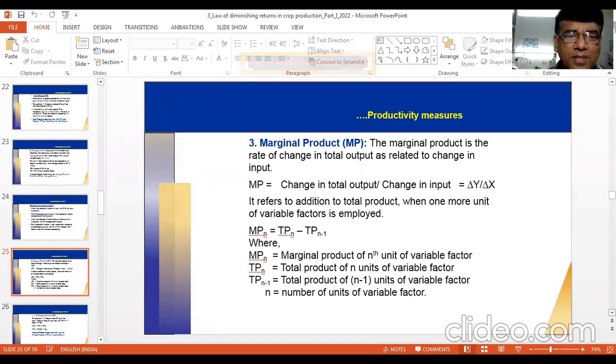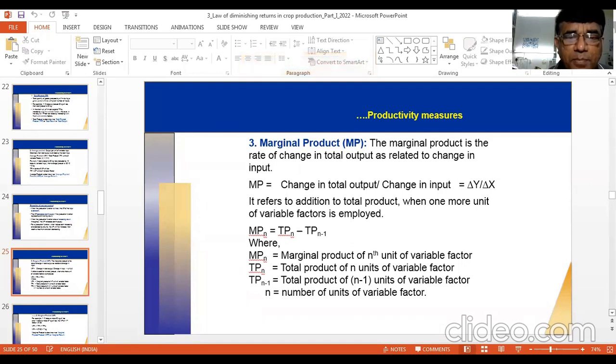So MPn, the marginal product of the nth labor, or any variable factor, is equal to TPn minus TPn-1. TPn is the nth unit and TPn-1 is n minus 1. Suppose you have increased labor from 3 to 4. So 4 is n and 3 is n minus 1.